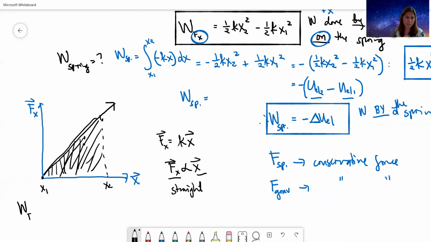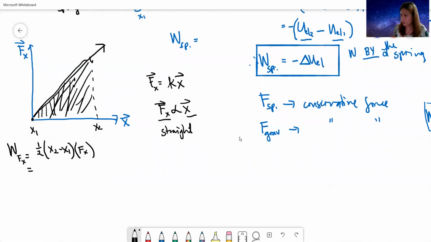So the work by Fx, area of a triangle, I'll have 1/2, and then the base is x sub 2 minus x sub 1, and then my height is Fx. Pero si Fx, papalitan ko ng k and then the x also.